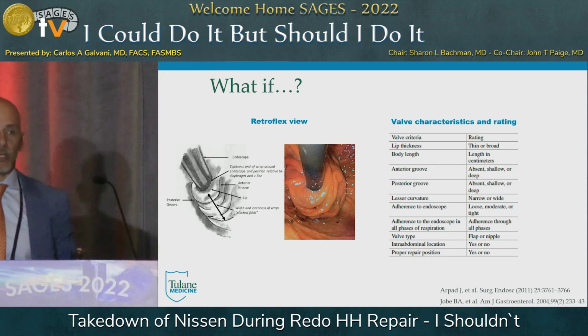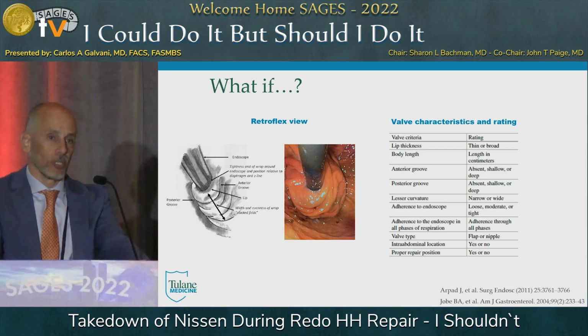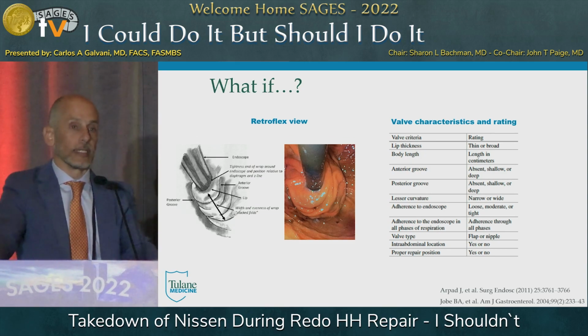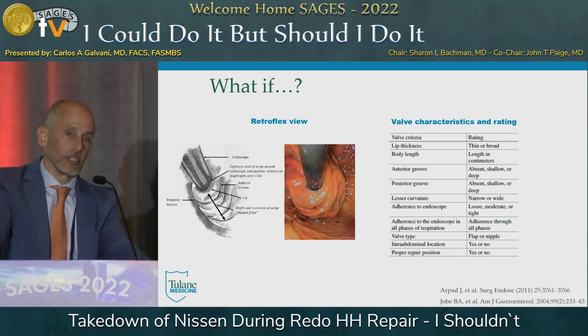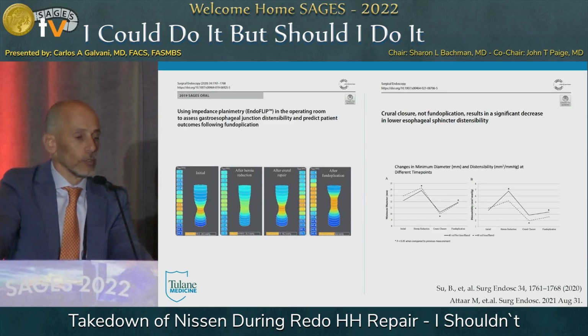So what if, when we decide to do an intraoperative endoscopy, we don't base our decision on visual cues, but on looking at the wrap, and if the wrap looks intact like the picture on the left, and it meets all these 10 criteria, maybe it meets 8 of them, do we need to take that wrap down?